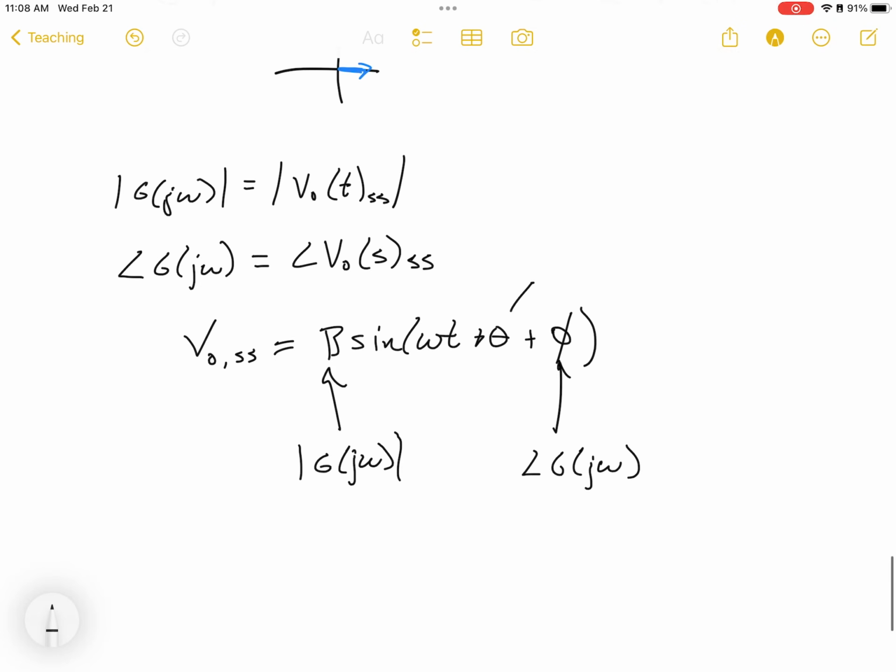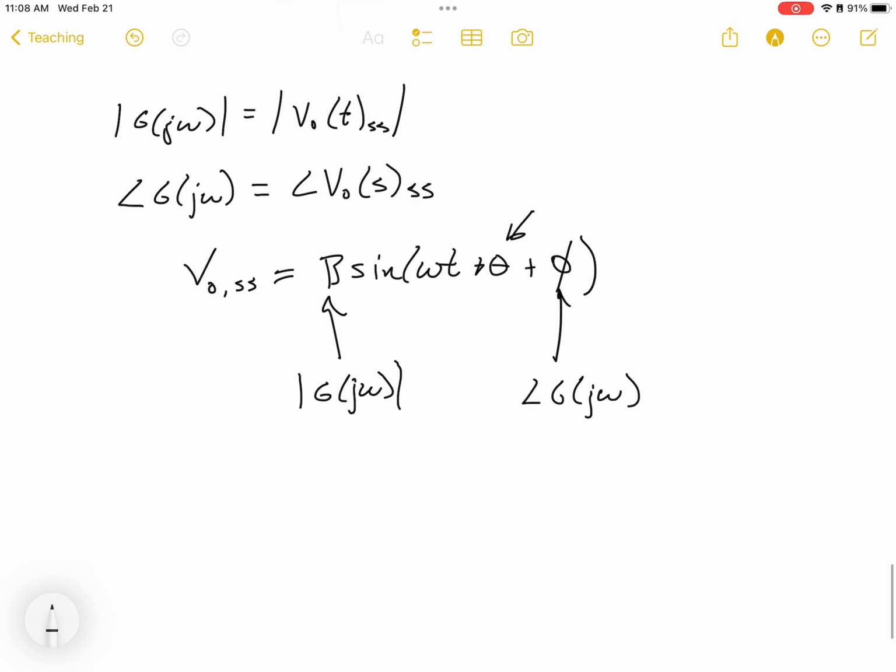Theta would be known from the input of the system, and omega is now a variable, where at any given input frequency, we can calculate the value of B and the value of phi to predict what the magnitude and what the phase offset of that response is going to be.